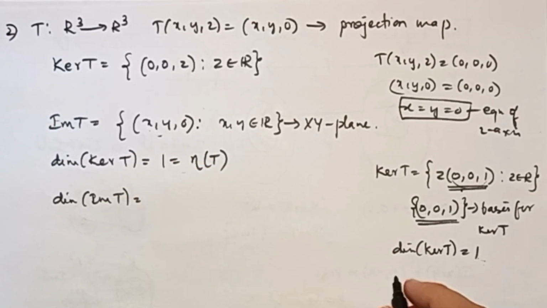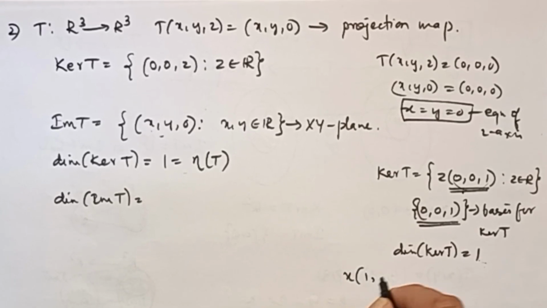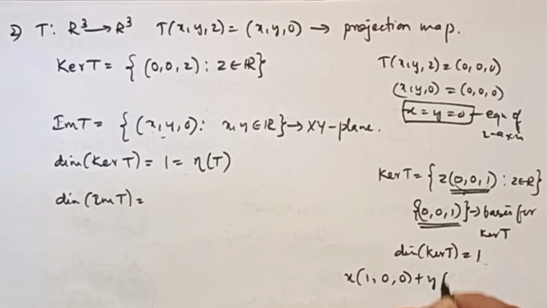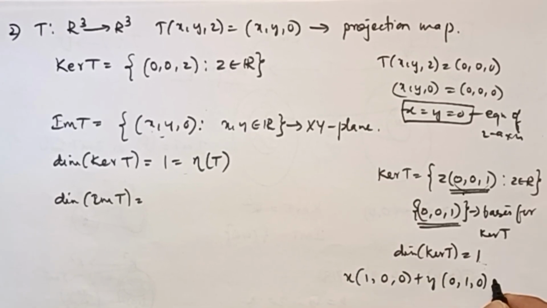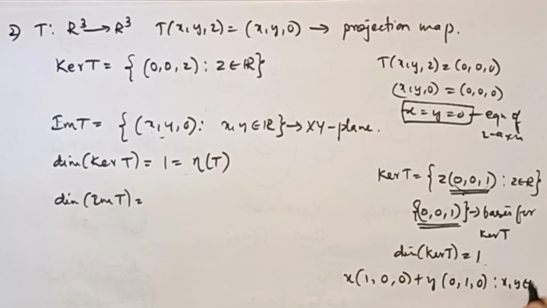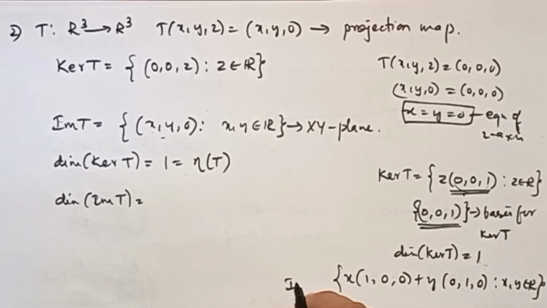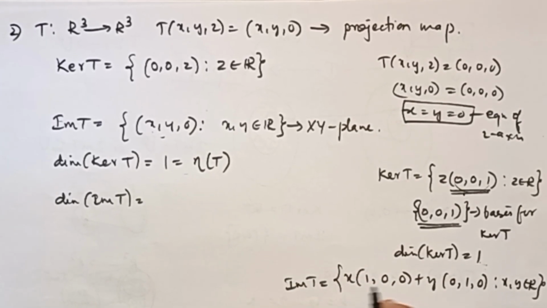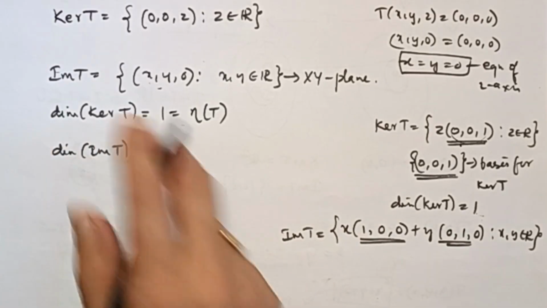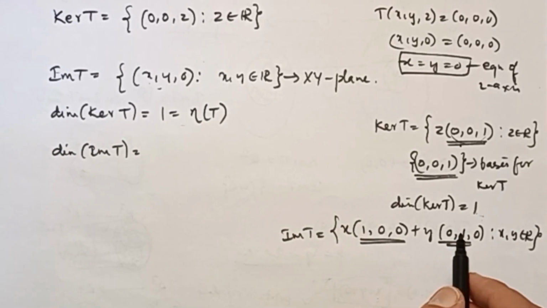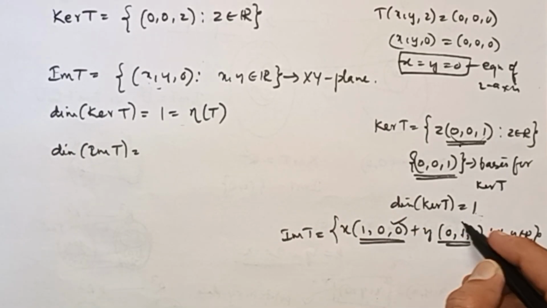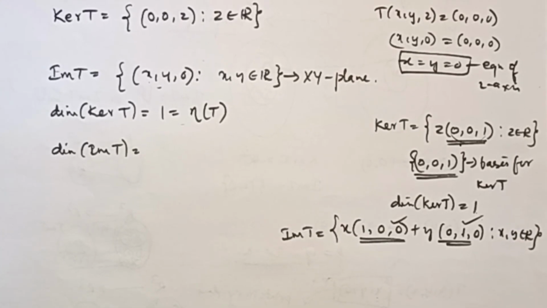Now look here. How can I simplify this? Two variables here, x and y. So x into 1 0 0 plus y into 0 1 0, such that x comma y belongs to R. This is how image of T can be simplified. Now the entire image of T is a linear combination of these two vectors, and you know that these two vectors are linearly independent as well.